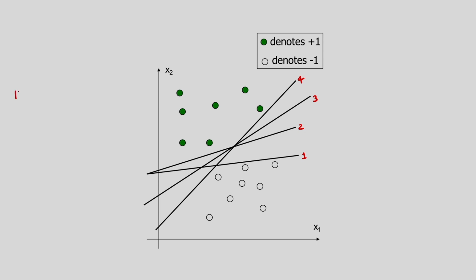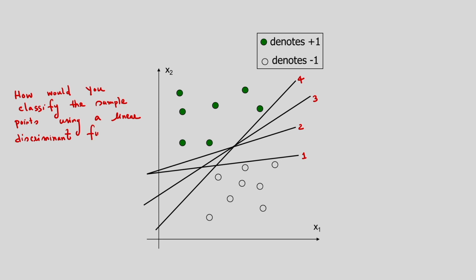So the question is, how would you classify the sample points using a linear discriminant function in order to minimize the error rate?